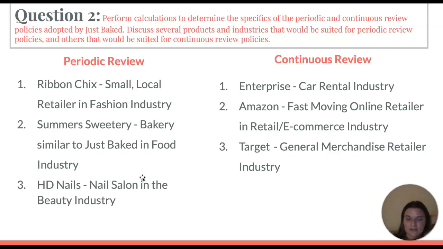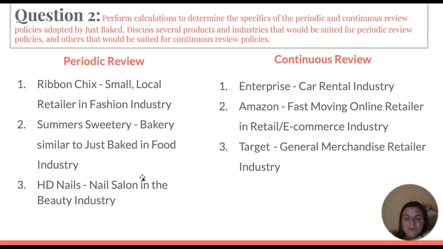And they go by season. Some stuff is more in style for certain seasons. Summer Sweetery, it's a bakery similar to Just Baked that has a couple locations in the food industry. They go through, see which ones are most popular, they don't go by a certain inventory level. HD Nails, I thought of a nail salon, meaning inventory for certain nail colors and everything like that.